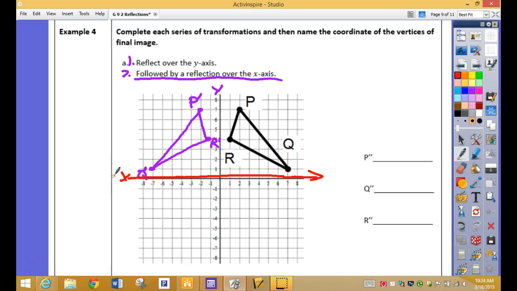We're going to reflect our new image over the x-axis. So we're one away, we're one here. And instead of 1 dash, it's 2 dash for the primes. The letters at Q. Instead of 1, it's 2. Where are we at? 4. 7.